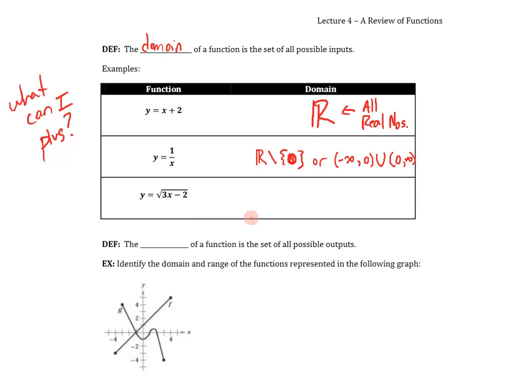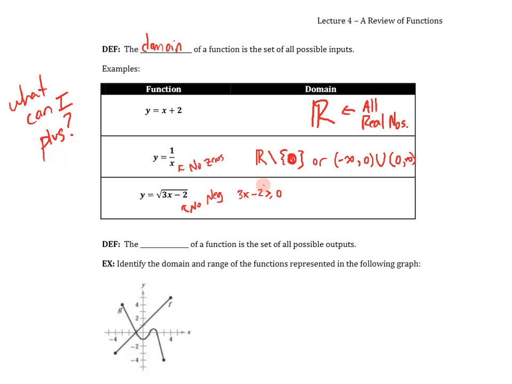On the last one, the new problem is the square root. What are we allowed to plug into a square root? Or I guess another question is, what are we not allowed to plug in? As long as we're restricting ourselves to real valued functions, which is what we're going to be doing for the majority of this lecture series, then we can't plug in negatives inside. Okay, no negatives. This one had no zeros in the denominator. So if there's no negatives inside the square root, that means 3x minus 2 has to be greater than or equal to 0; 0 is okay.